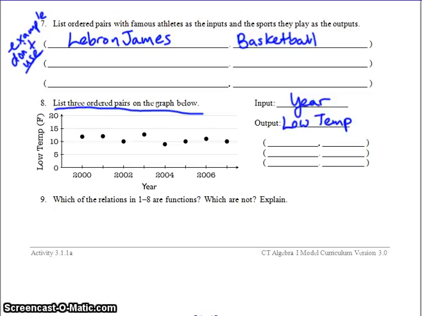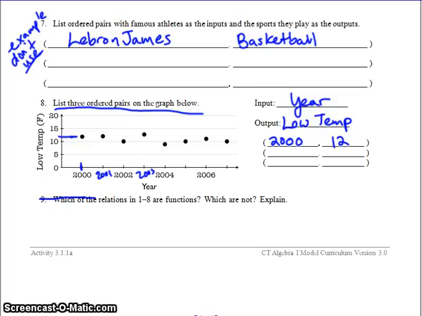For the first one, the year is 2000, and the low temperature is about there. That's about 12. You could fill out the other years, whatever you want to use. We have 2001 in between, 2003 in between here.